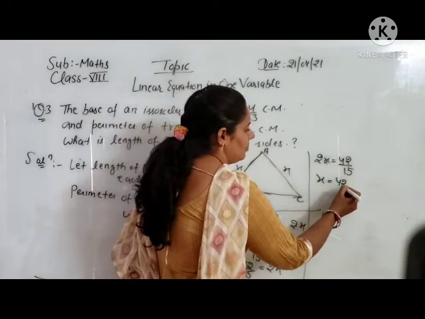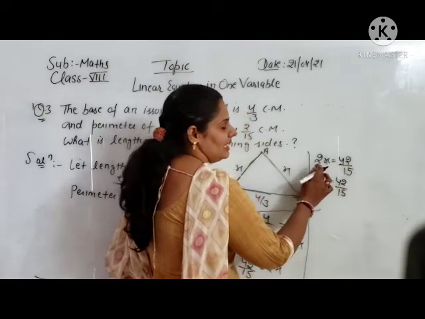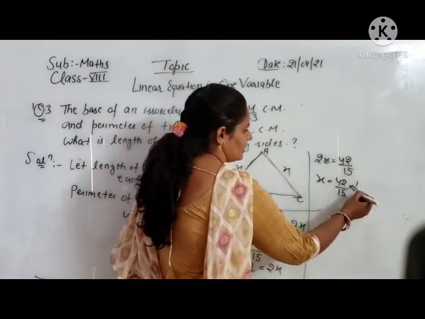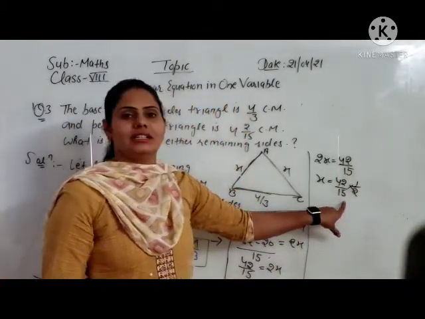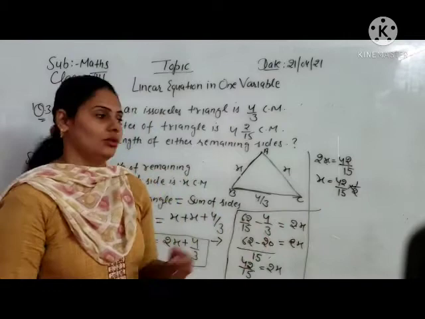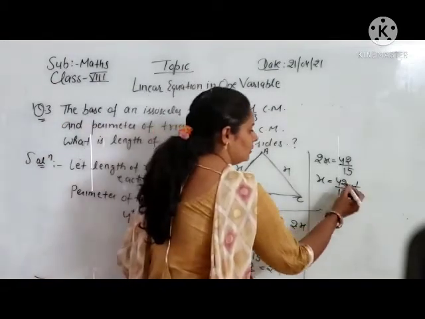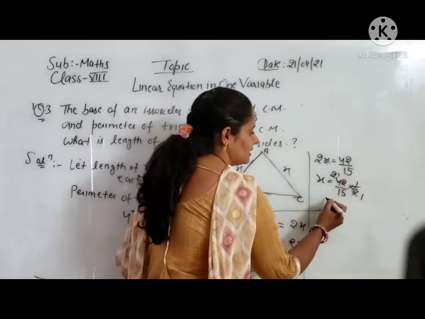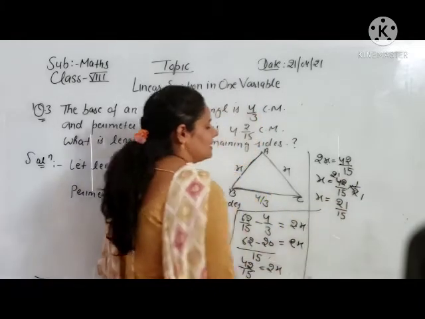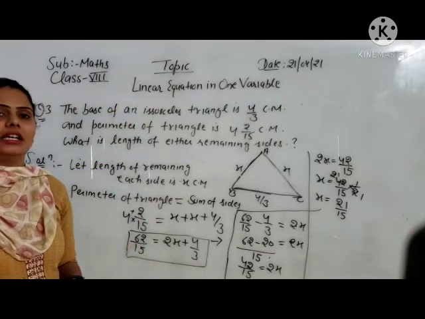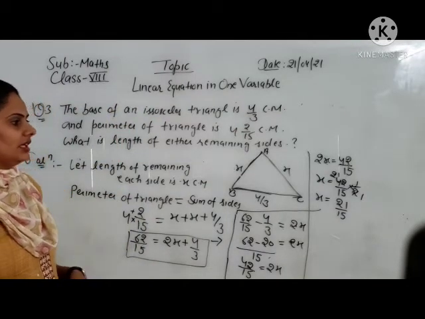So 42 upon 15, 2 is in multiplication, so it will come in division. Clear? Now when you are dividing and multiplying, if any number is cancelling out, you can cancel. So 2 ones are 2, 2 twos are 4 and 2 ones are 2. So what is the answer? 21 by 15. So the value of x is 21 upon 15.